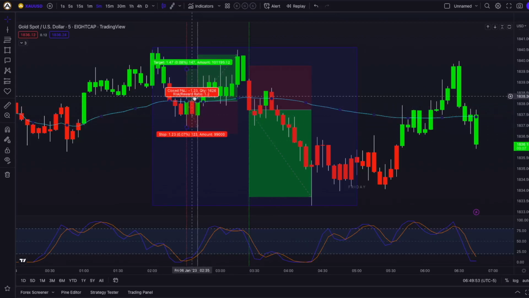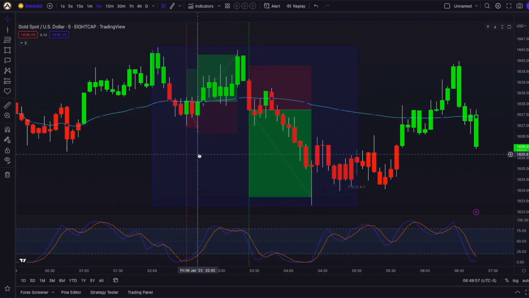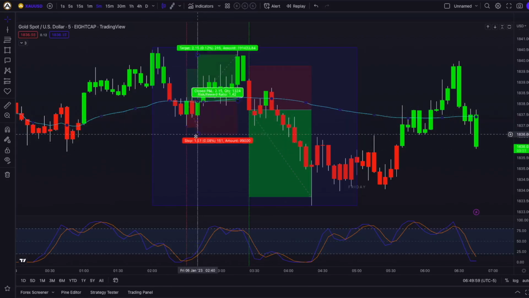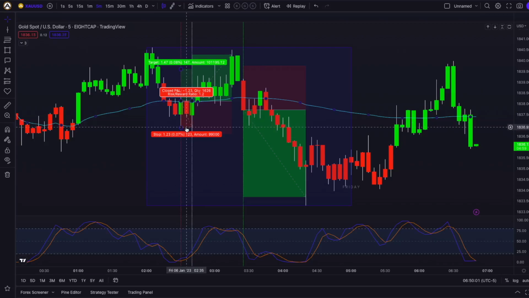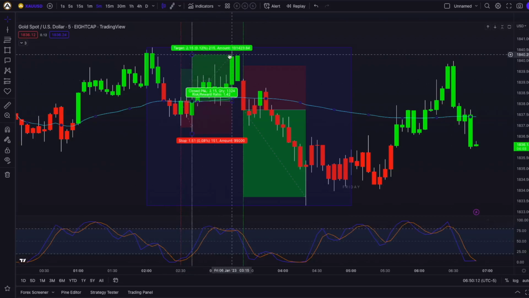And this trade got stopped out right here at 2:40 AM with this wick to the downside. But of course, it would have still been valid to re-enter on this trend, especially after this fake out wick to the downside, because the stochastic RSI is still on its way back into the overbought territory.